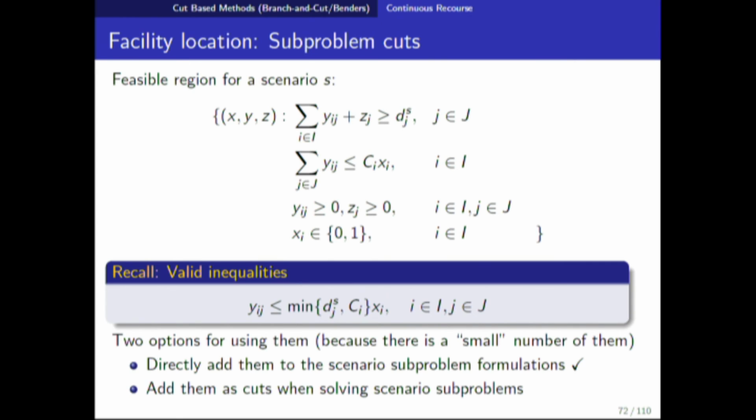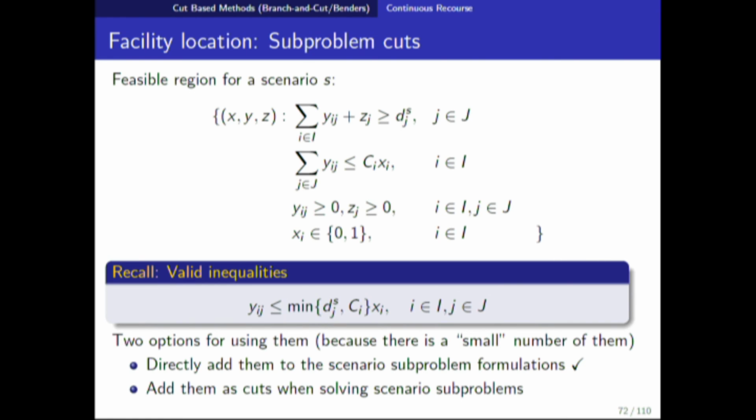Okay, so that's where I maybe get some improvement out of this. And because there's not so many of these inequalities, I have two options. I can try to add these as cuts to the subproblems, or I can just add it to my formulation and make the formulation bigger. Okay. So I'm going to be lazy, and I'm just going to do it that way.